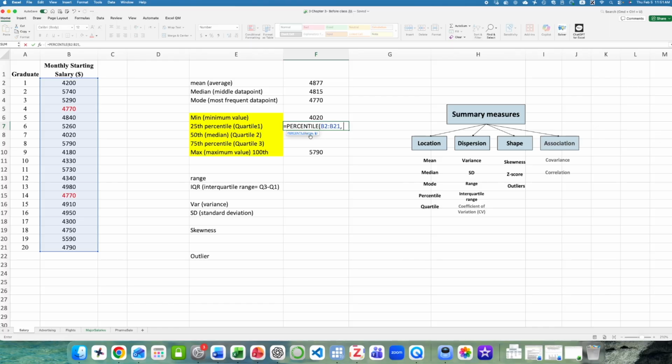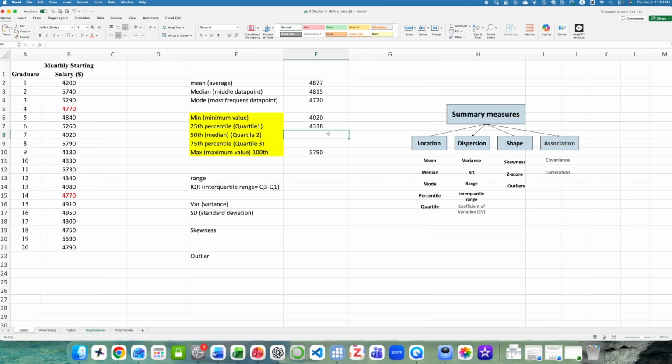So we gave the array B2 to B21, comma, we tell the function which percentile we are targeting. So that would be 0.25 or 25% of the data. If I click enter, that gives me 4,338.